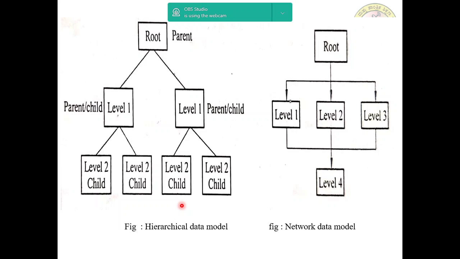To retrieve data, one has to traverse each tree until the record is found. Further, adding a new field or record requires the entire database to be redefined. That is the main drawback of this hierarchical database model.